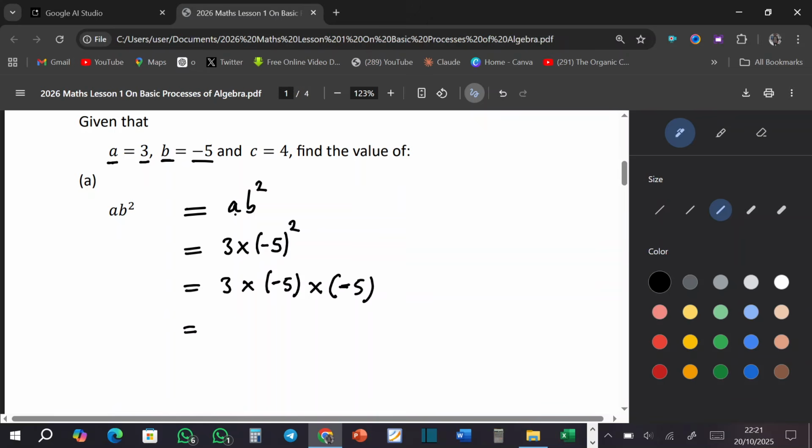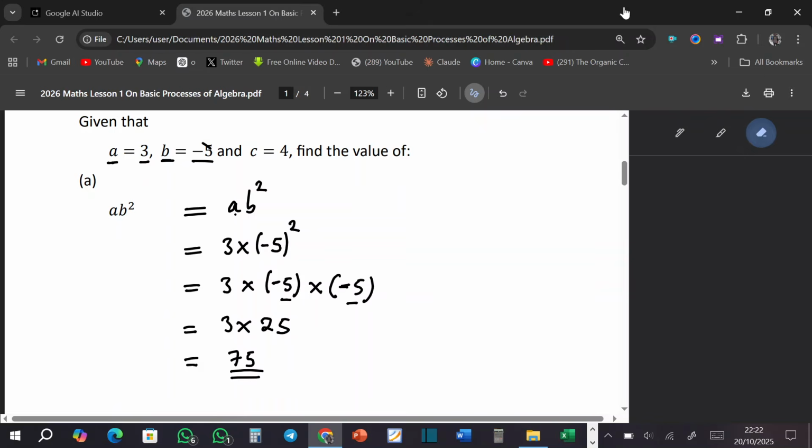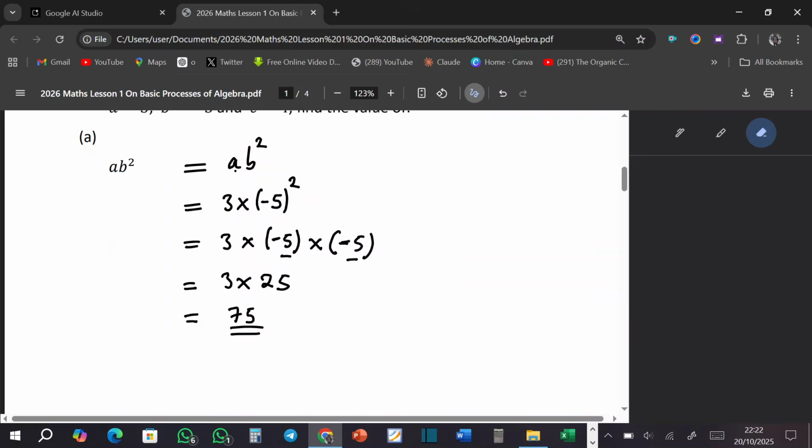So 5 times 5, 25. So you say 3 times 25, you get 75 as your answer. So when you are substituting, you are likely going to find an answer in terms of a number. Yeah, so that is it.